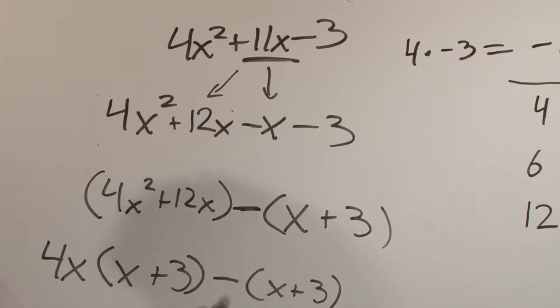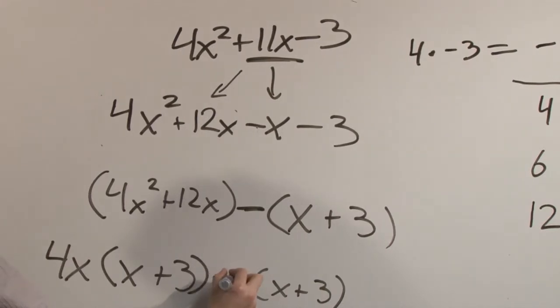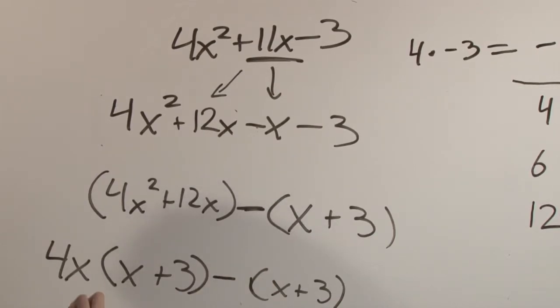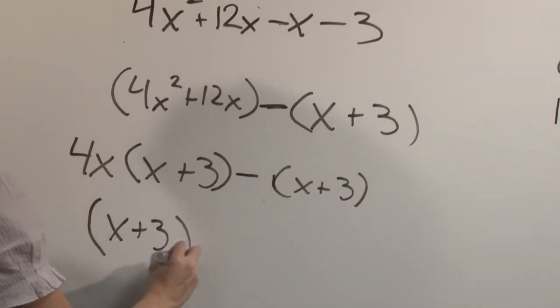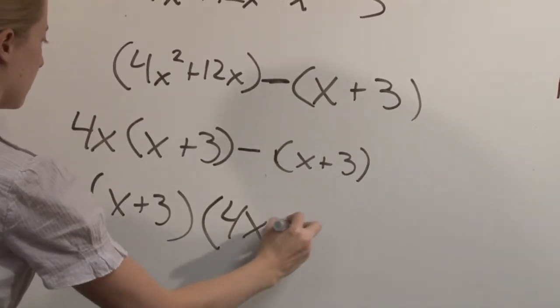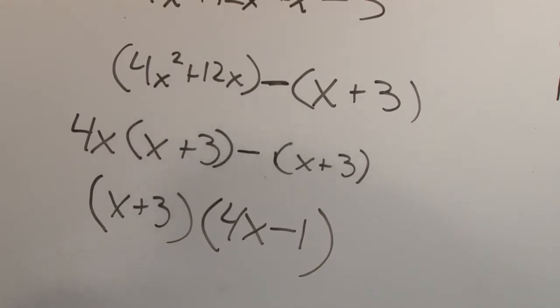I can think of this as multiplying a negative 1 times the x plus 3, just for the purposes of factoring. So this has a coefficient of negative 1. So what I'm going to do is pull out the x plus 3, like I'm factoring it out. And then I'm going to be left with 4x minus 1. And that would be the factored form of this polynomial. That didn't require any guessing or any trial and error.